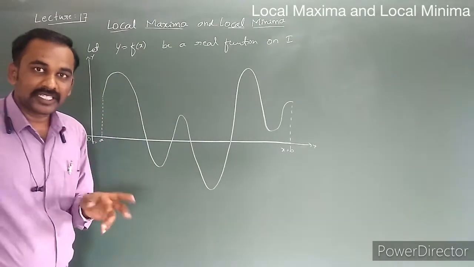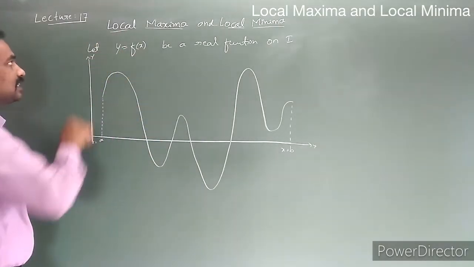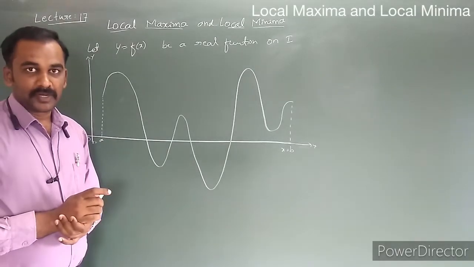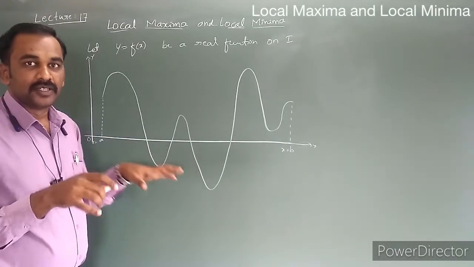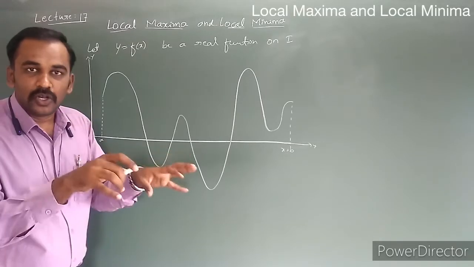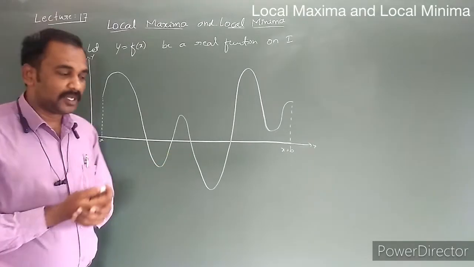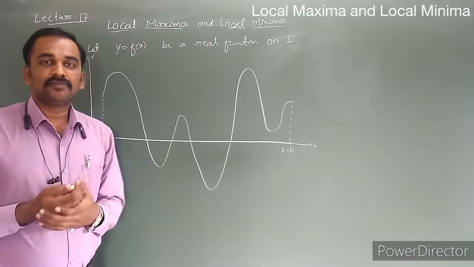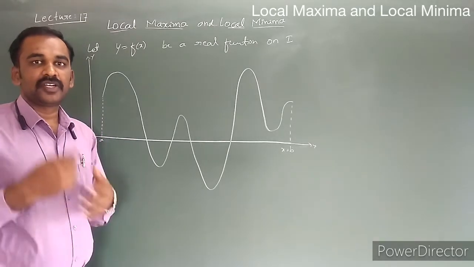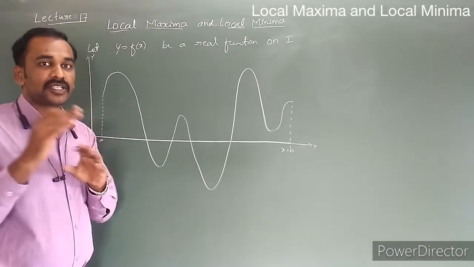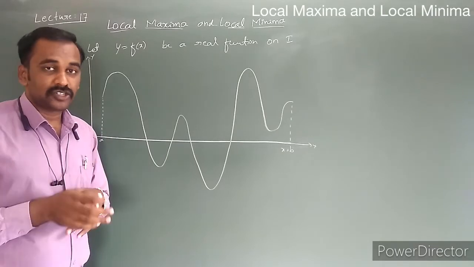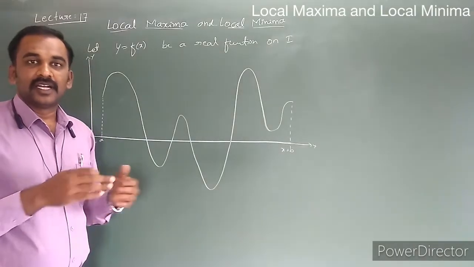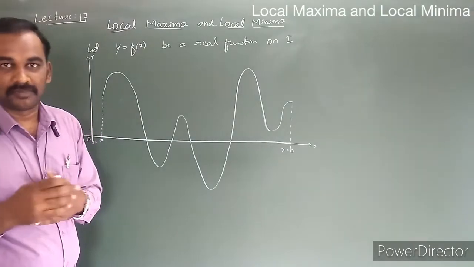For considering the maximum value, the word is named local maximum. Locally, we have to choose the maximum value locally. For example, your second PUC result is going to produce a state topper, district topper, taluk topper, city topper, college topper, like that.